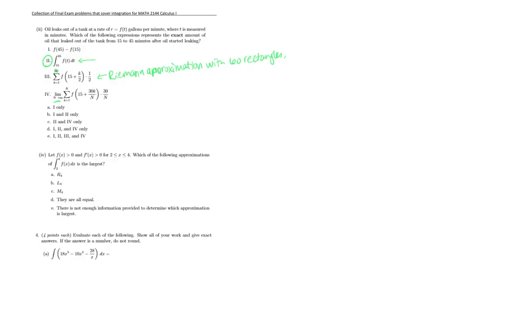This one here, I'm taking the limit as the number of rectangles goes to infinity. So this one will be an exact value. And in fact, this is the formal definition of what an integral is. It's a Riemann sum, and then you let the number of rectangles go off to infinity. So the correct answer is 2 and 4 only.